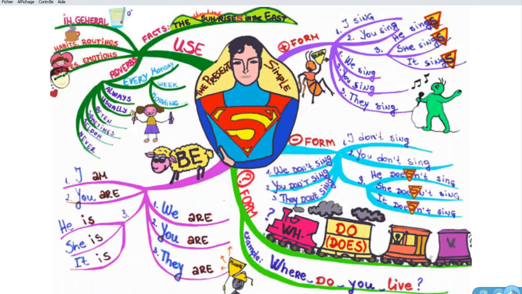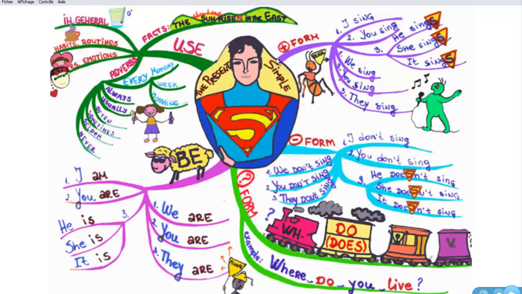If you are a visual person, this drawing can help summarize the main information about the simple present tense. So this technique is called mind mapping. It refers to the fact that you use images, colors, and a certain structure to help you memorize what you learn in the different subjects you have at school.